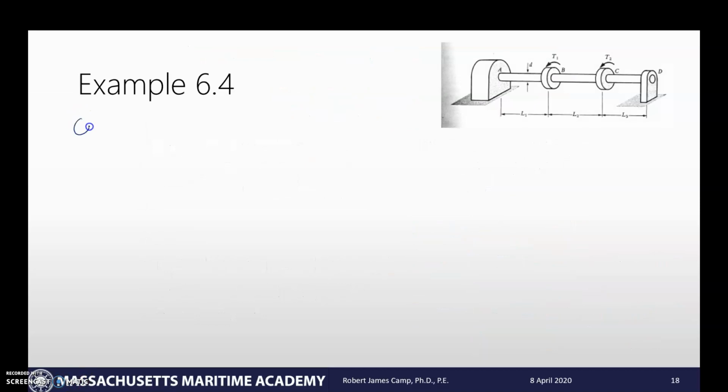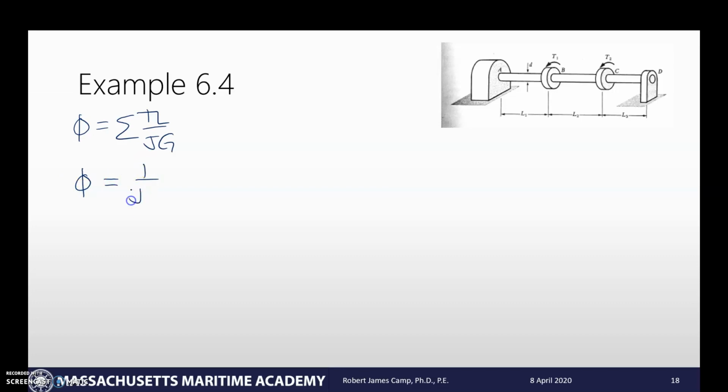So what is angle of twist? Angle of twist is the sum of all the TL over JGs. Now, as I look at this, that's going to be TL over JG, A to B, B to C, C to D. Now, we know a couple of things about this. The diameter doesn't change the entire way through. The material doesn't change the entire way through. So I'm going to try to make this a little bit easier on myself.